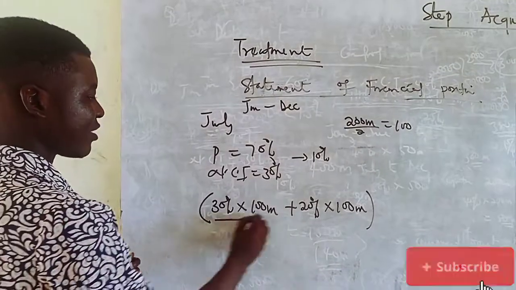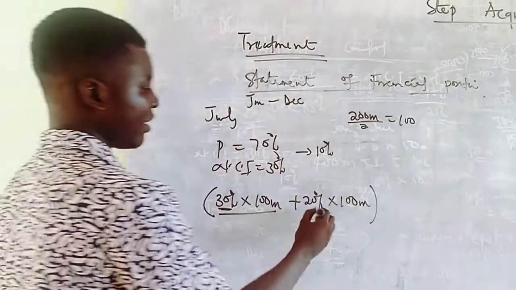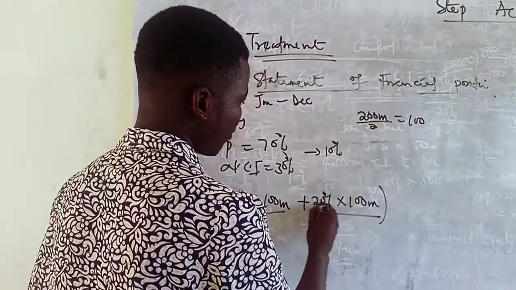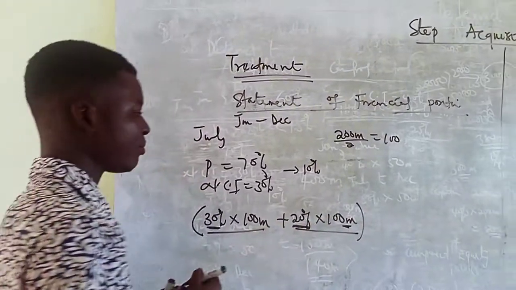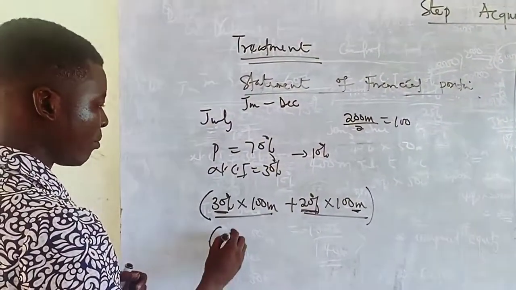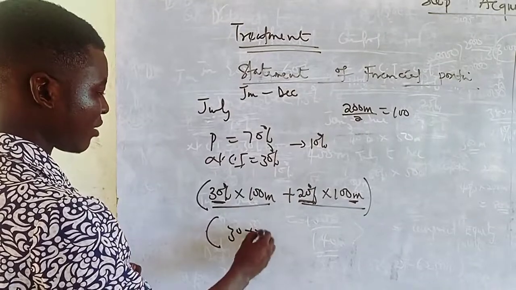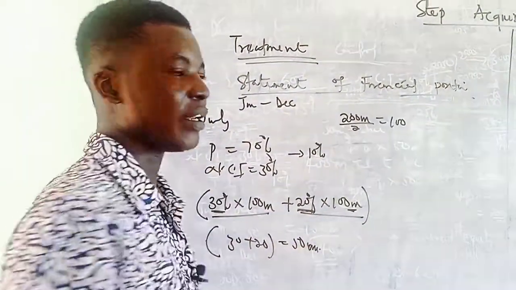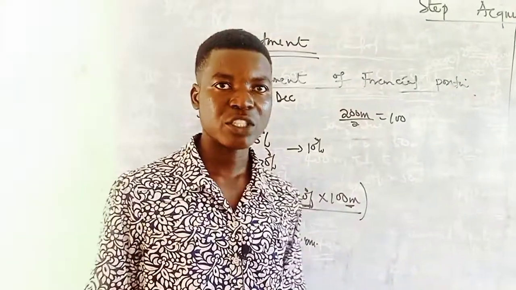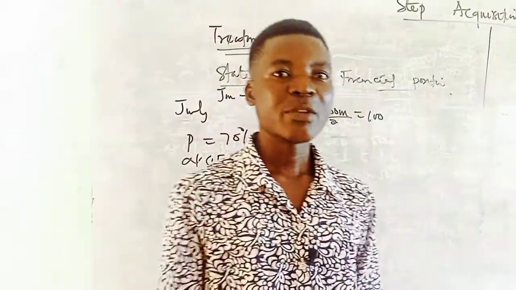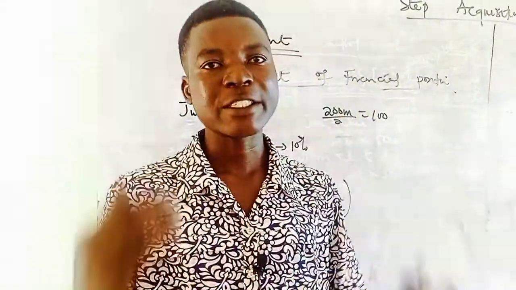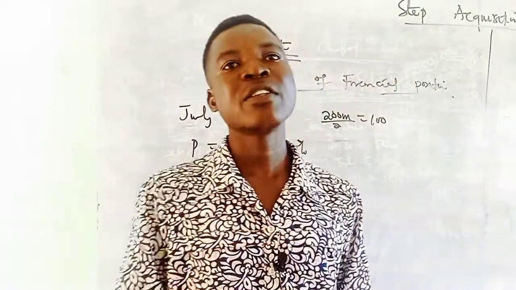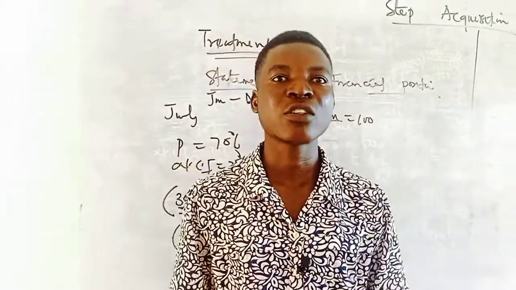The first 6 months, the NCI will take 30. The last 6 months, the NCI has reduced to 20. So the total profit will be 30 plus 20. The NCI will take 50 million. That is how we account for step acquisition, both in the statement of financial position and in the statement of profit or loss accounts.